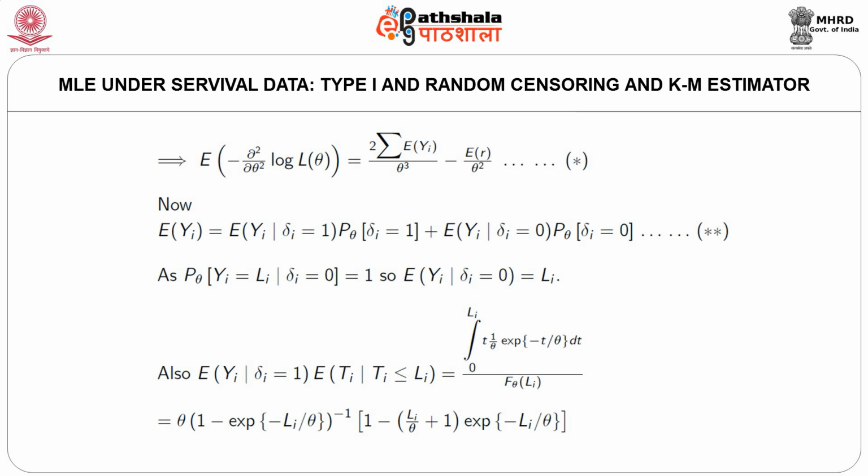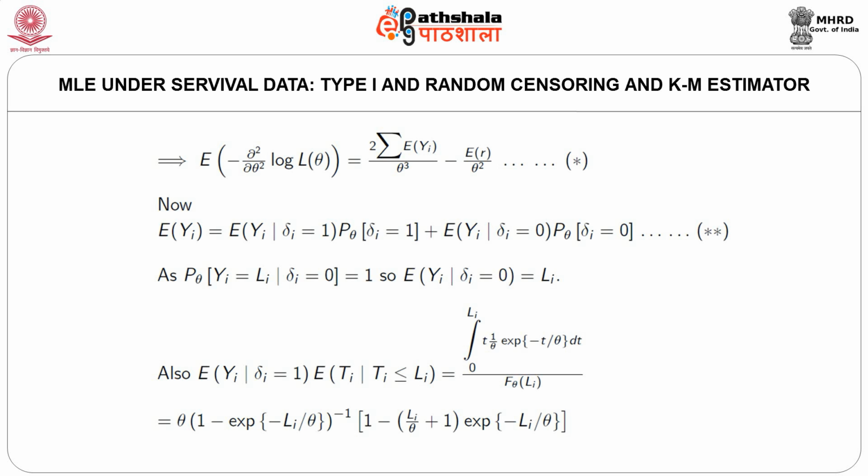Let us denote this expression by star. Now expectation of yi is equal to expectation of yi given delta i equal to 1 into probability that delta i equals 1, plus expectation of yi given delta i equal to 0 into probability that delta i equals 0. Actually here we have used the result of conditional expectation.